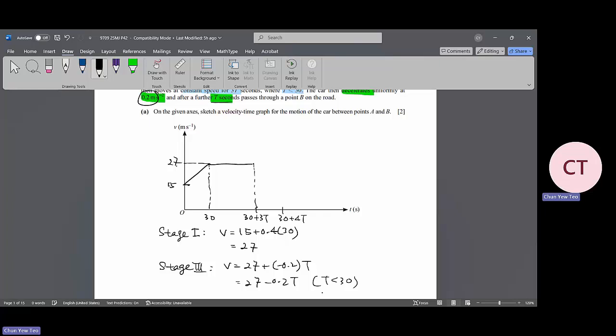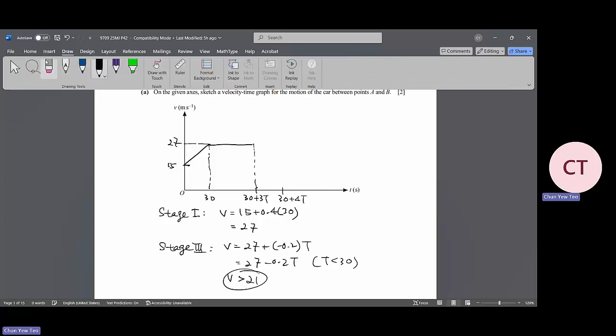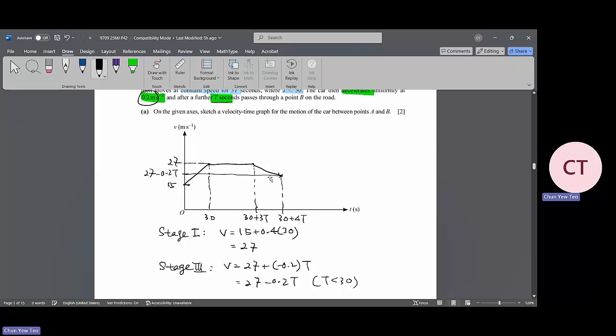So that means over here the t at most it can only be 6. Okay, so at most that means the v must be 21 and above. So somewhere around here, we just write over here 27 minus 0.2t. So this will be the answer. Okay, so this will be the graph for part A.